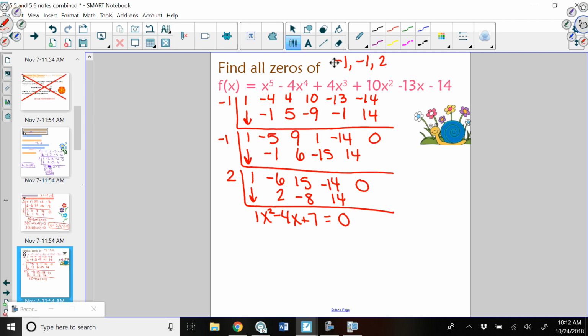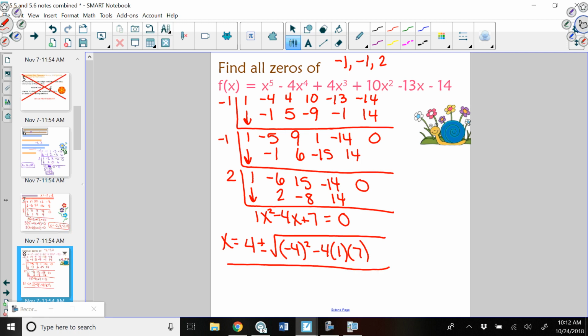And this was not a sum or difference of cubes, so don't use the shortcut. That's only for that type. Yeah, for me to finish solving, I'm going to have to go with the quadratic formula. So -b plus or minus the square root of b squared minus 4 times a times c, all over 2 times a.